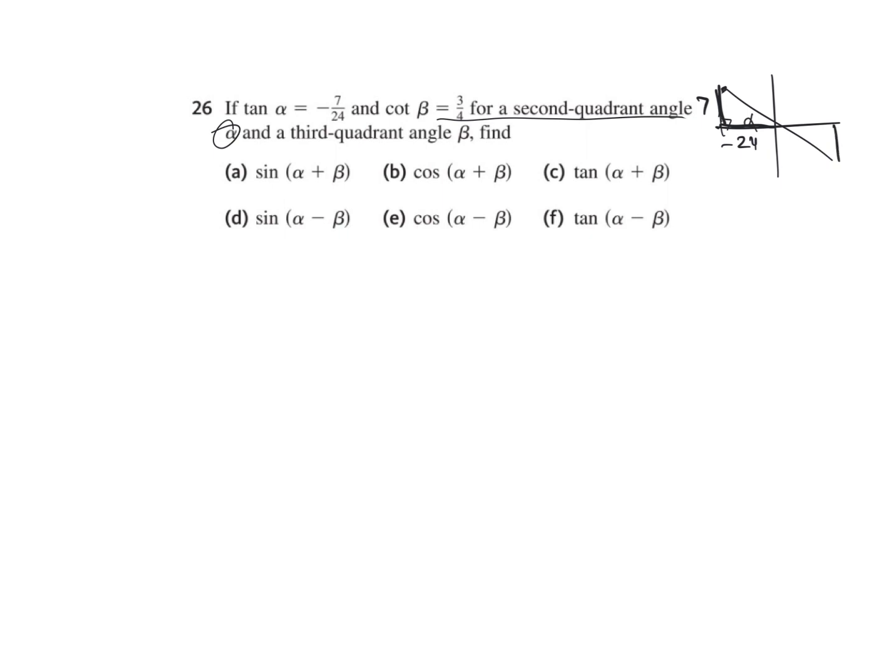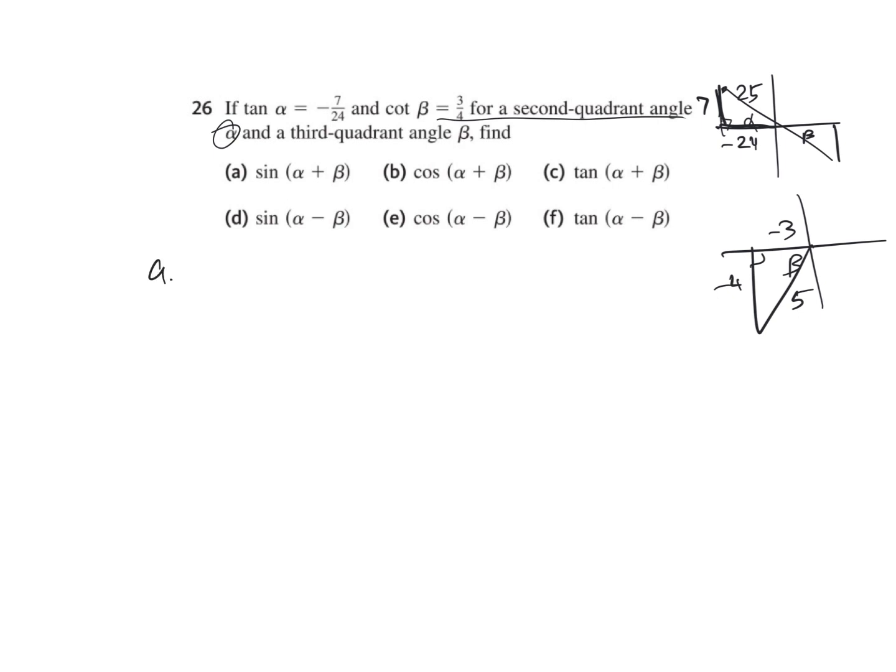And then your beta is in the third quadrant. Let's just draw another one. Beta is here. And that's 3 over 4, or -3 and -4. All right, so this is 25 here. Okay, here we go. So now we do all these things.